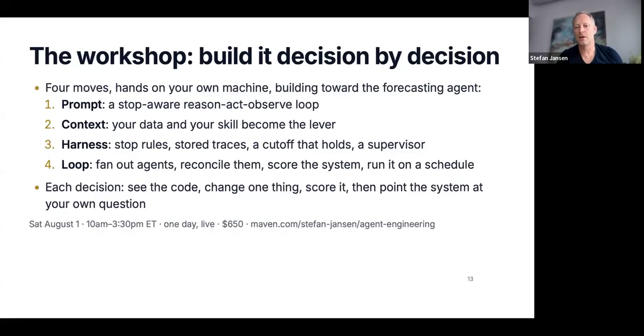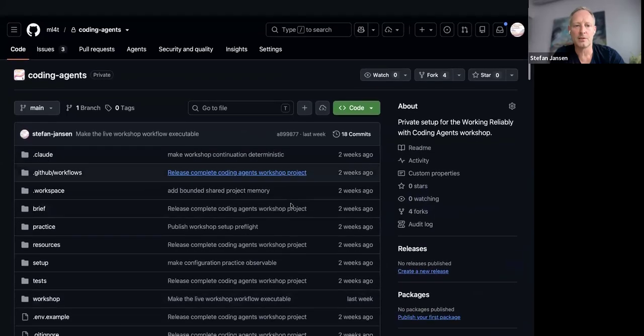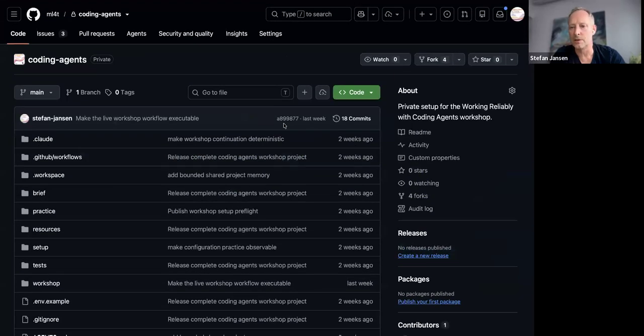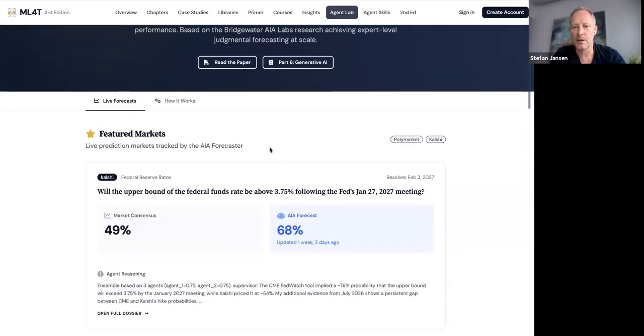So what do we do in the workshop? In the workshop, we work on an existing repo. This is the coding agents repo, where you build essentially the system that currently runs live on the website.